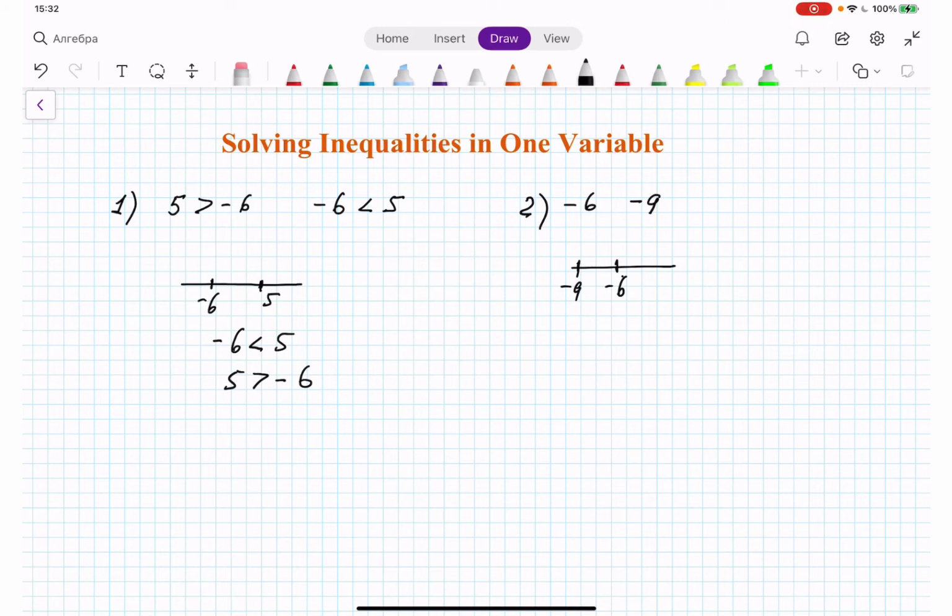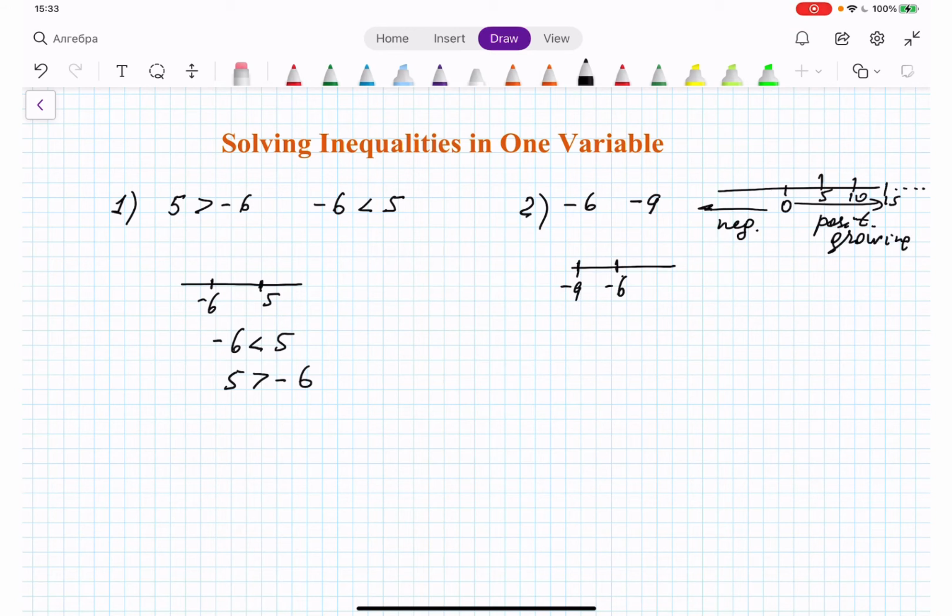Those are numbers. From 0 here, positive numbers are growing, like 5, 10, 15, and so on. Here are negative numbers, falling down, decreasing.